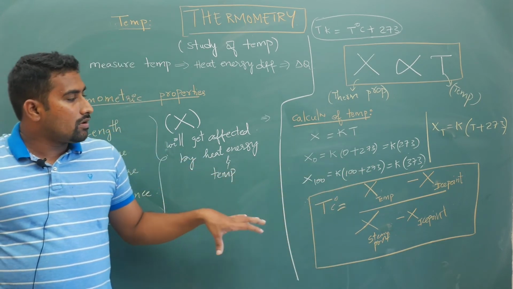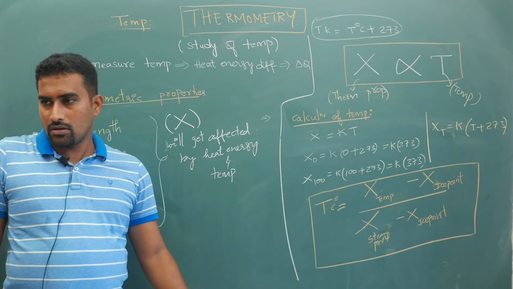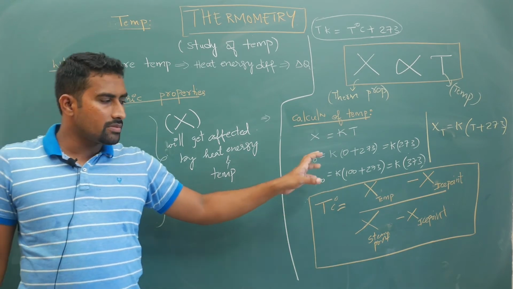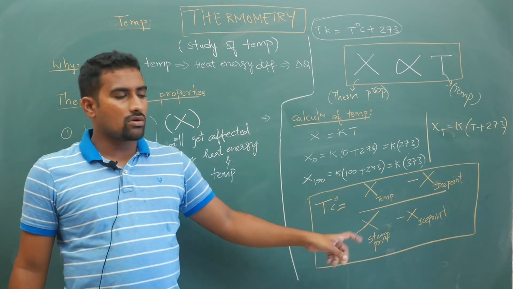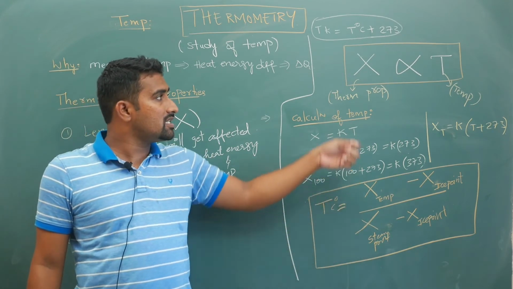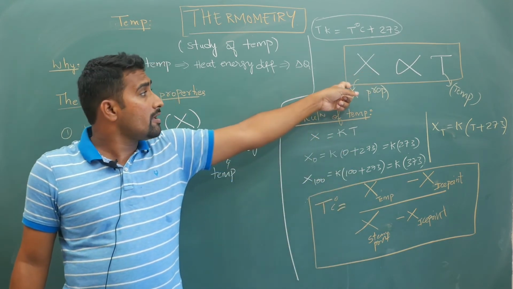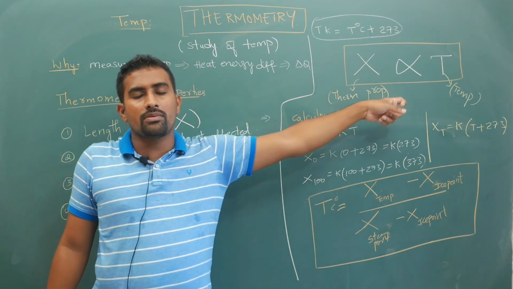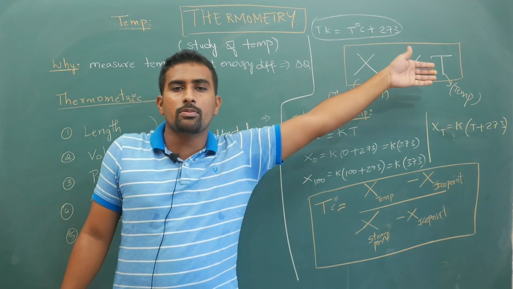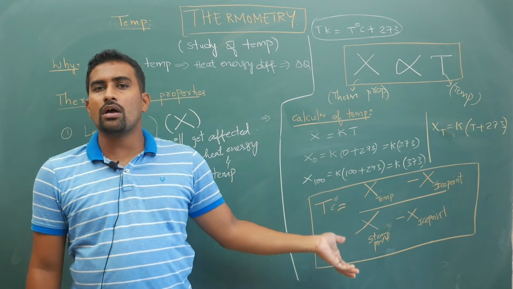This is your formula. You will use this formula to calculate temperature, and this formula is valid under the condition that your thermometric property is directly proportional to temperature. If thermometric property is directly proportional to T square, then this formula is not valid.